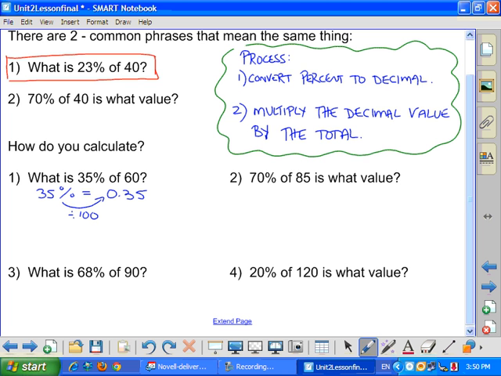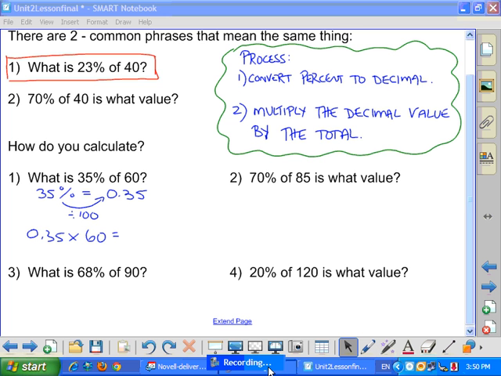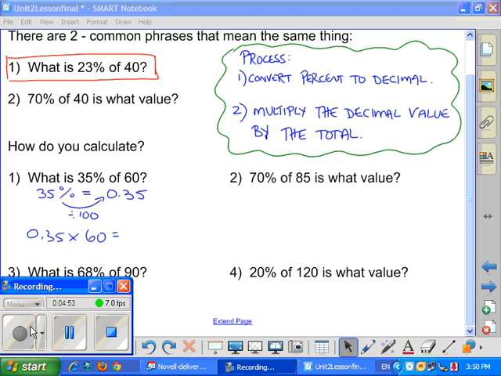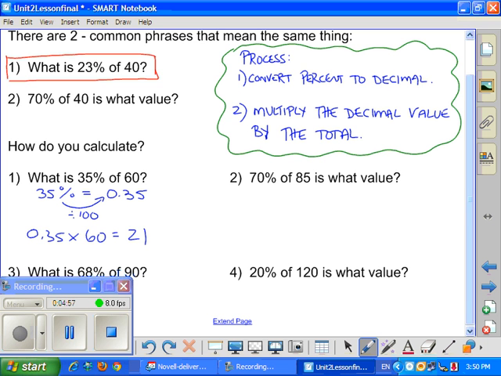There's no other steps here. So I'll put a box around that. That means we're going to take the 0.35 and multiply it by 60. I'll grab a calculator. Once I do that calculation, I get 21. So 35% of 60 is 21.